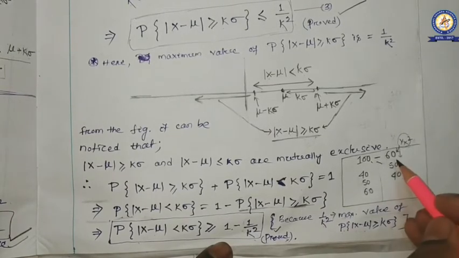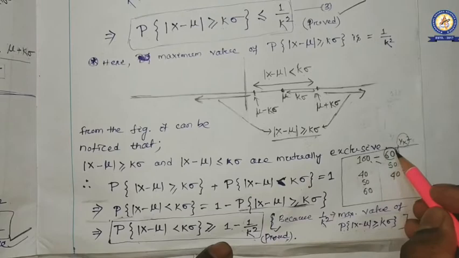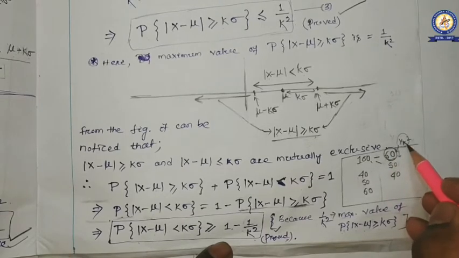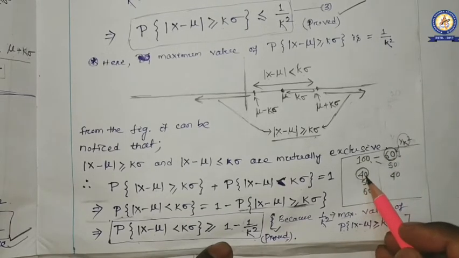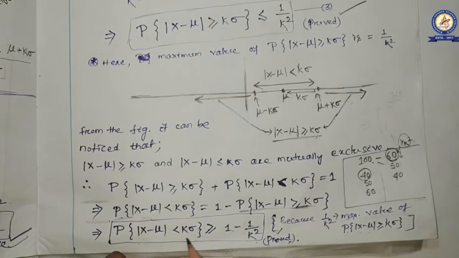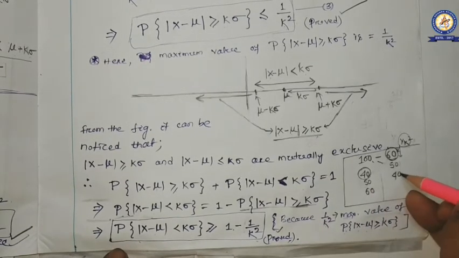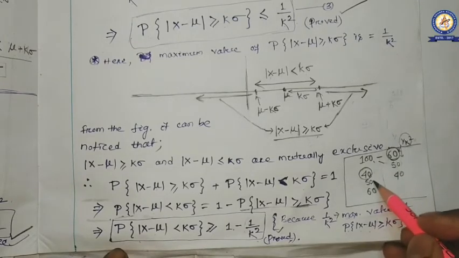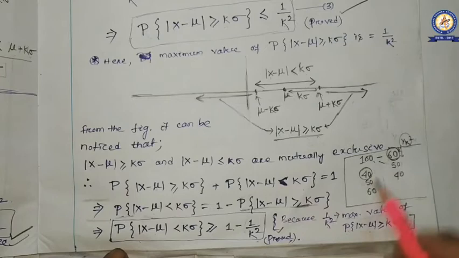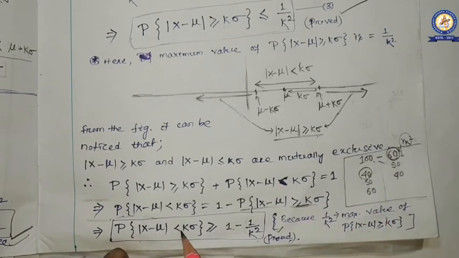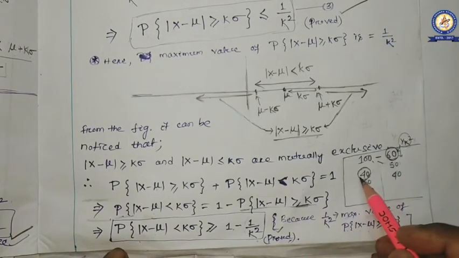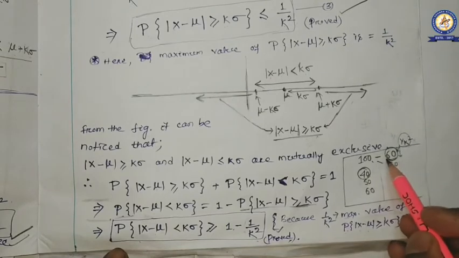So here you can see that whenever we consider the maximum value of 1 by k square, I get the minimum value of this one, because considering the other lesser values of 1 by k square, this value increases. So the minimum value of this one, with this example, we found to be 40 when 1 by k square is 60.